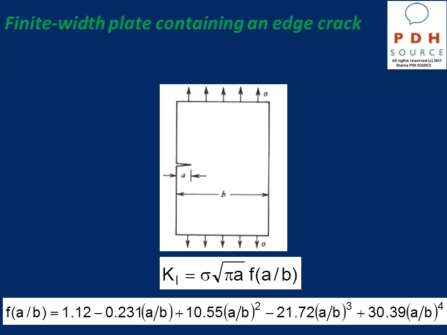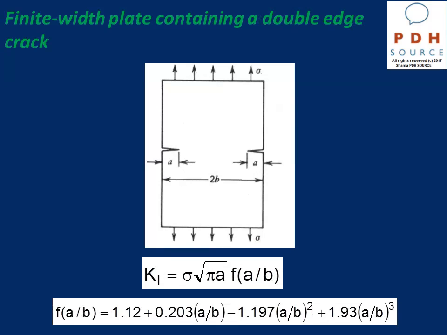If we have a finite width plate containing an edge crack, we are going to use this equation, and again we have to multiply by a function of a over b, and note that we are starting with 1.12, the surface correction factor.